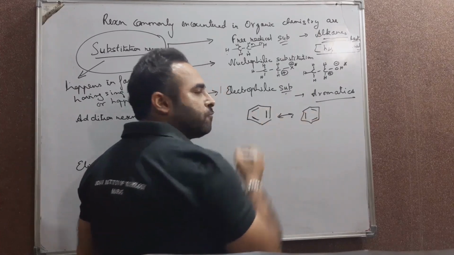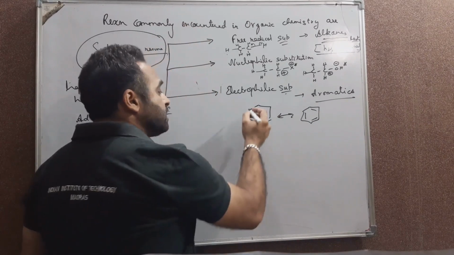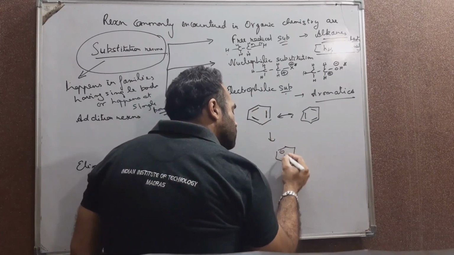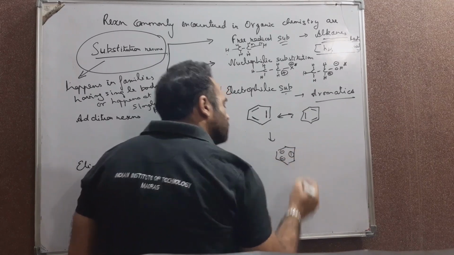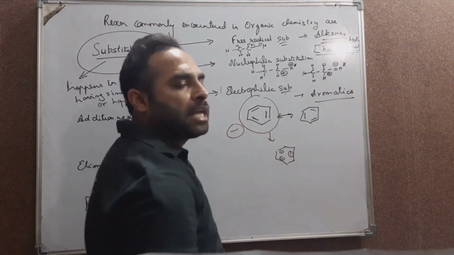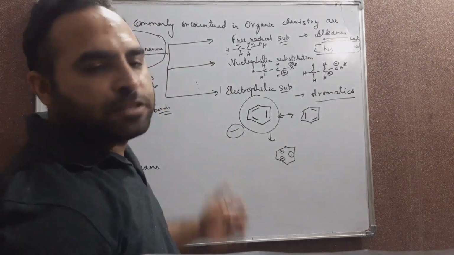These bonds can be easily broken, or these can be written as there are electrons. So the benzene ring is quite rich in electrons, so it is actually supposedly carrying a negative charge.